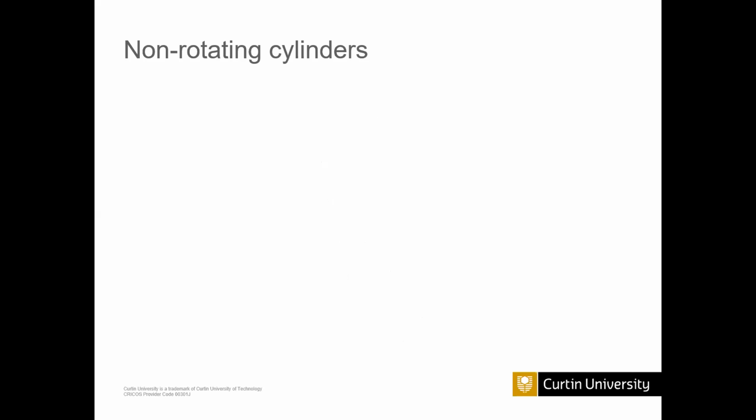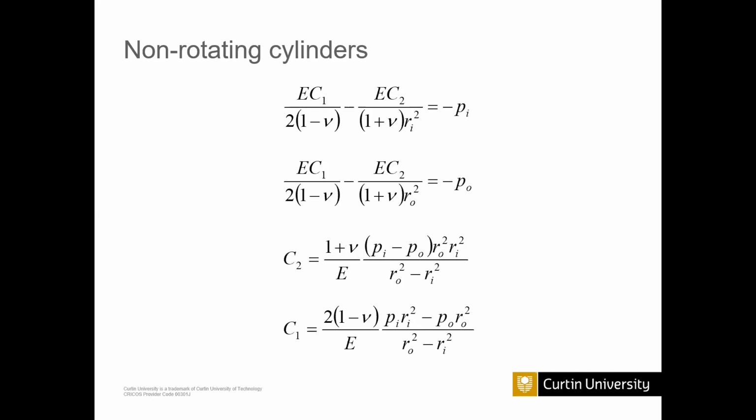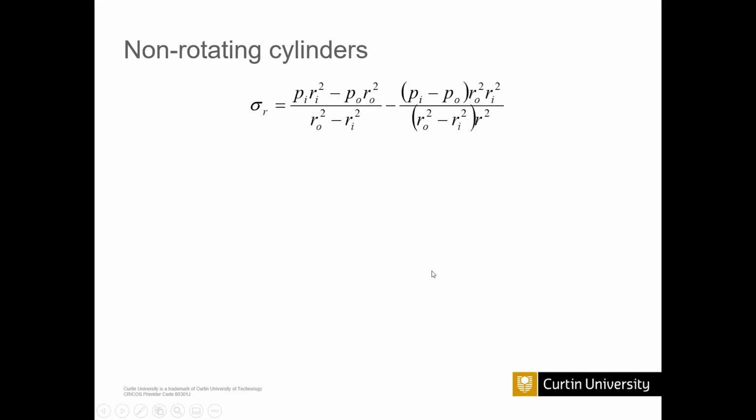Then we have the equation with C1 and C2, so we will substitute C1 and C2 into that equation with these terms. Then the equation will be like this. Sigma R, that means radial stress, will be like this after substituting C1 and C2.